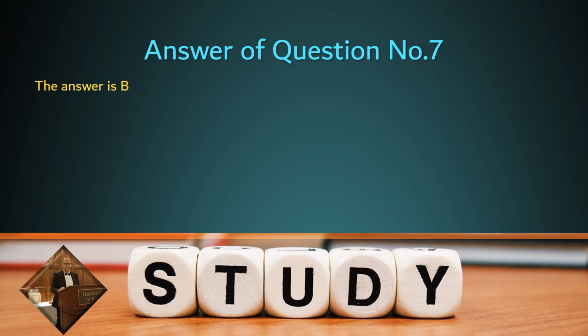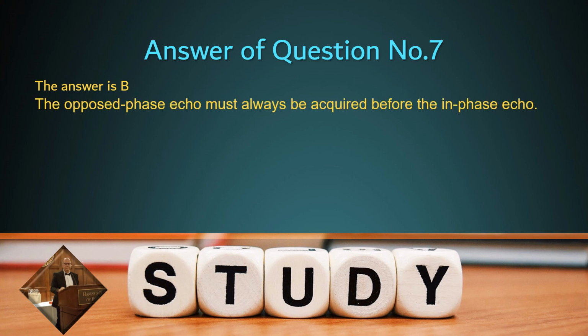The answer of this question is choice B. The opposed phase image must always be acquired before the in-phase echo image. As we discussed before, one of the disadvantages of the gradient sequence is the T2 star artifact, which has the potential effect to reduce the abdominal organ signals, including adrenal lesions themselves, interfering with the diagnostic accuracy.